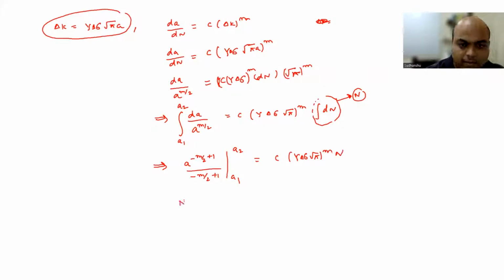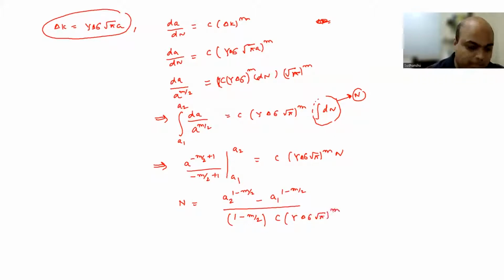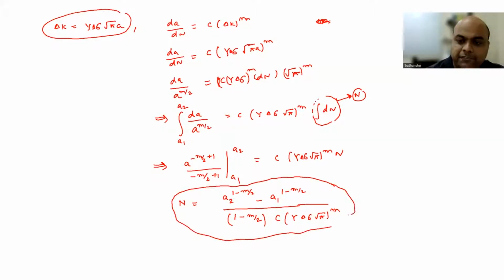And so N will be A2 to the power (1 minus M by 2) minus A1 to the power (1 minus M by 2), divided by (1 minus M by 2), and then C (Y delta sigma root pi) to the power M. So this is the number of cycles you will need for a crack increment from A1 to A2.